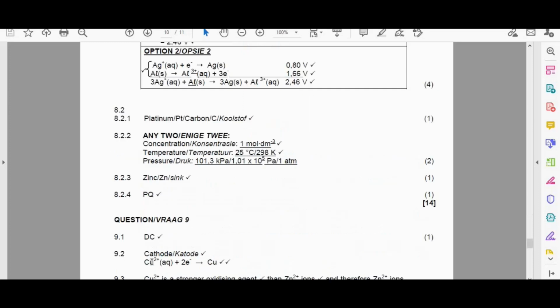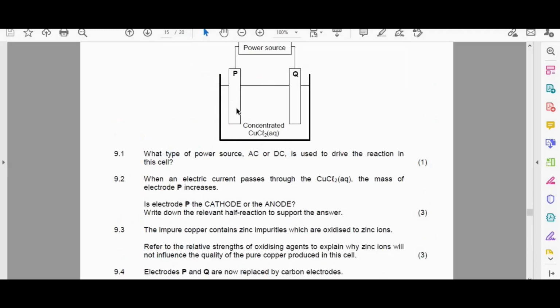As you can see, Cu 2 plus in aqueous solution plus 2e gives me copper, because if the mass is increasing, that means solid copper is forming around the electrode. Like I said, if you've watched the movie Into the Blue, you would see this type of cell being used.